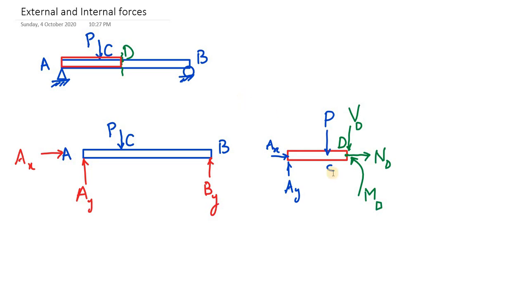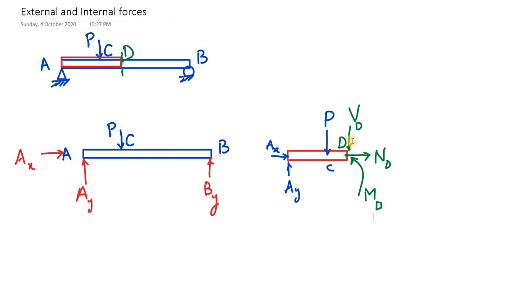All right, now keep in mind that when you draw this left segment of the beam, all the forces acting shown over here are external with respect to this left segment.